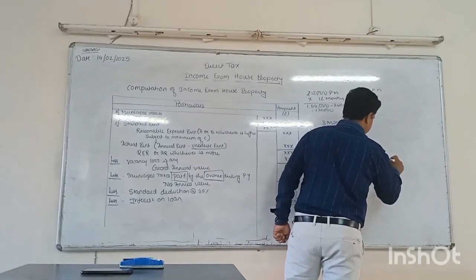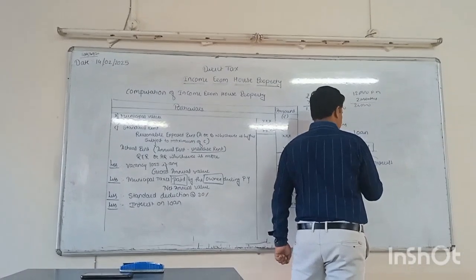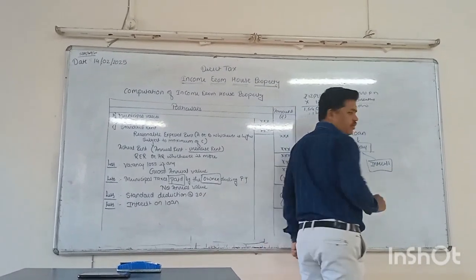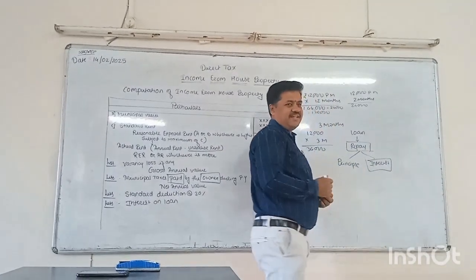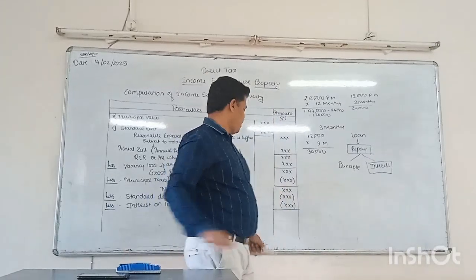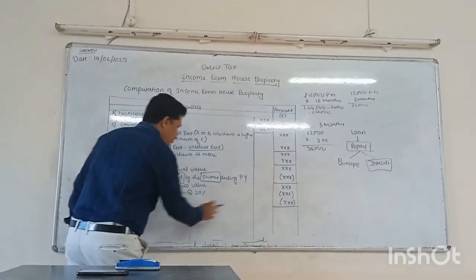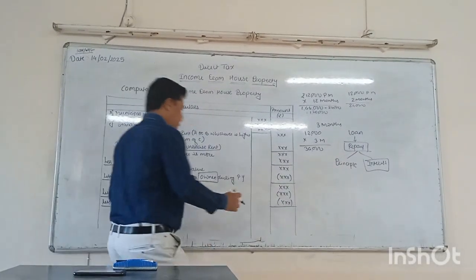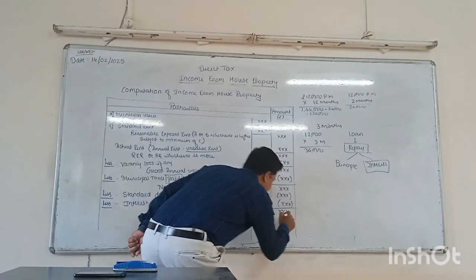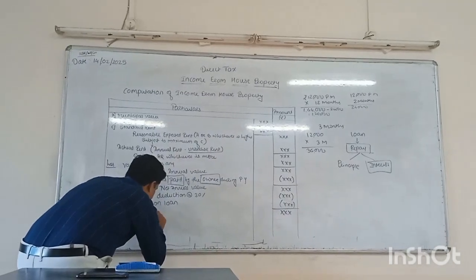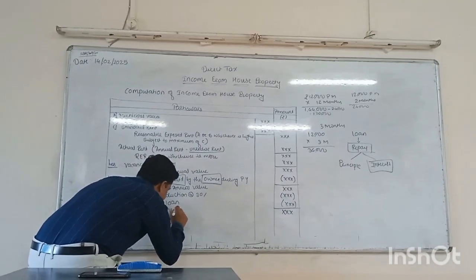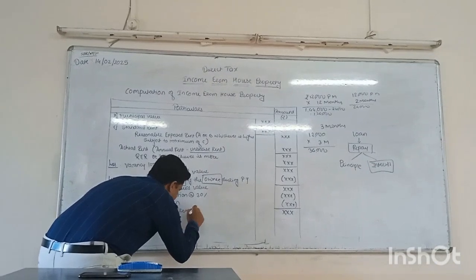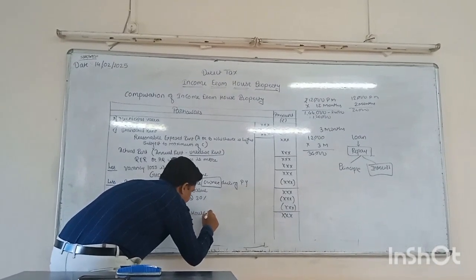So this interest on housing loan is taken as a deduction under income from house property. When we take the deduction of interest on loan, then we get income from house property.